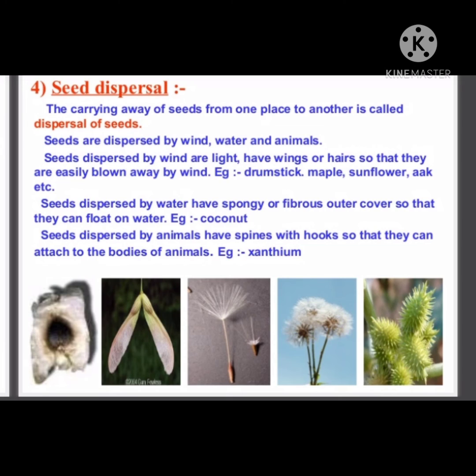Some of the seeds or fruits are carried away by wind. For example, the light-weight seeds of drumstick, muringakaya, and maple. Some kinds of grasses also have light seeds with hairy outgrowths.